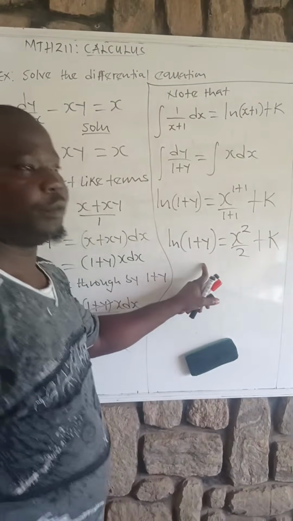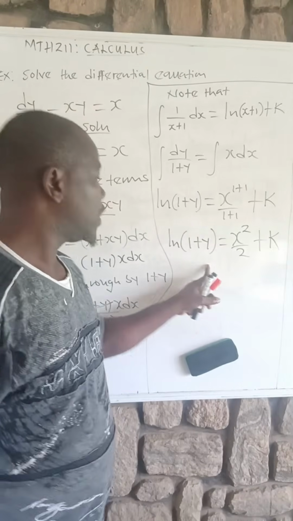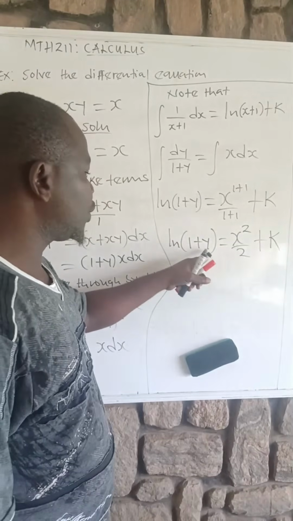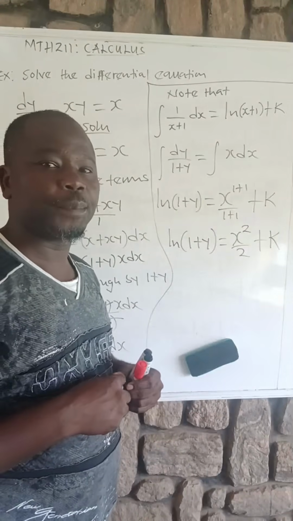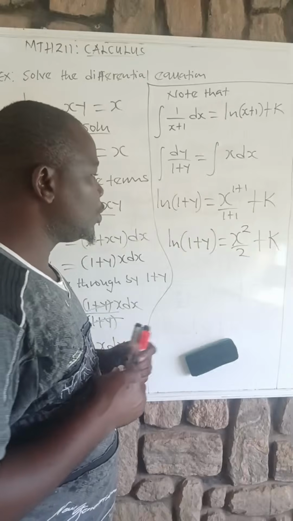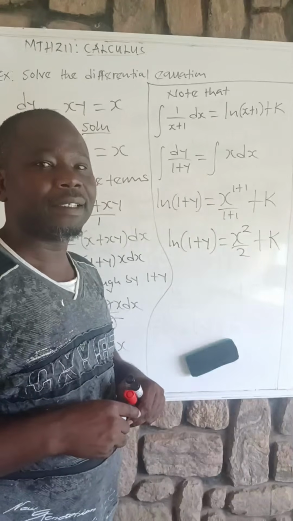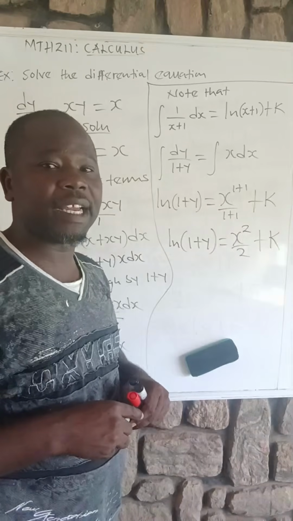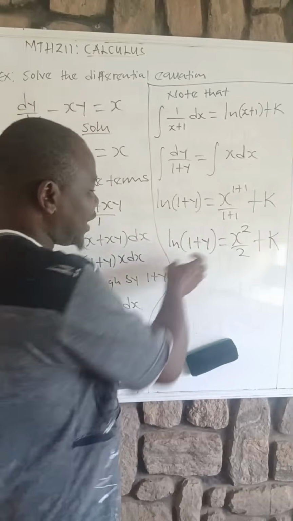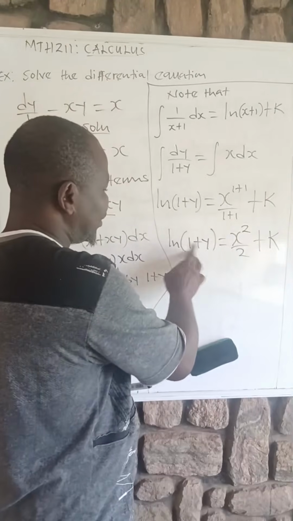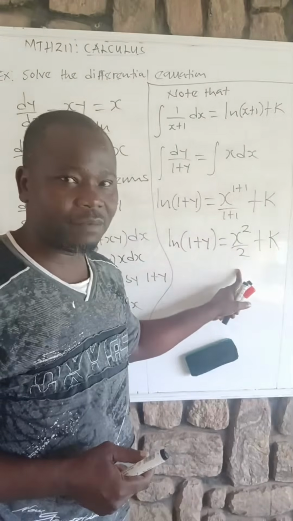So now I'm going to stop here, but I want you to find y. Is that clear? I want you to find y. That is what I'm going to leave as an assignment.